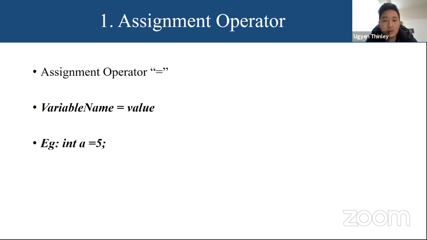Right now we will focus on the operator. So when we assign a value to variable a, this garbage value is overridden by the value 5. So this is a simple assignment operator.